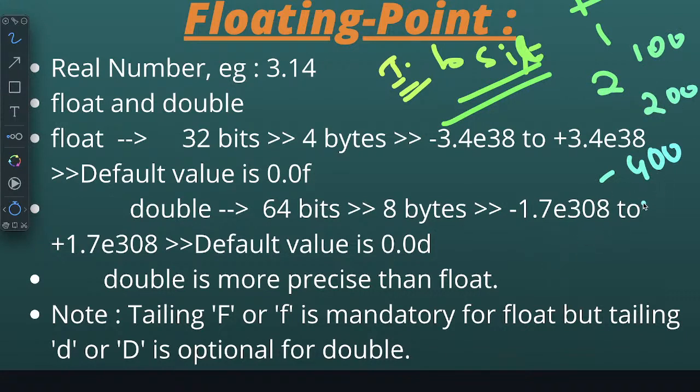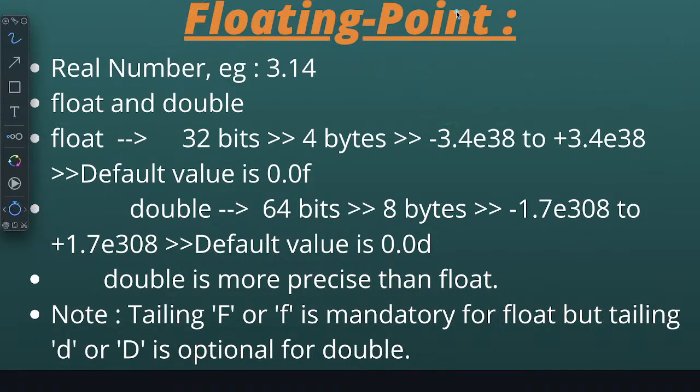But now we'll deal with floating point, where I can store any decimal values, because there might be situations where we need to store decimal values, like in calculations. For a banking application we need decimal values, so we need to store them in some variable. What data type should I use over there?